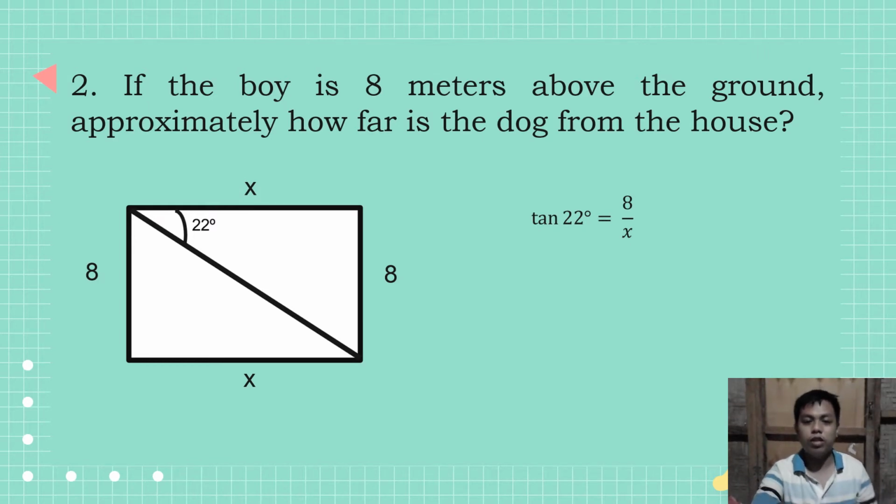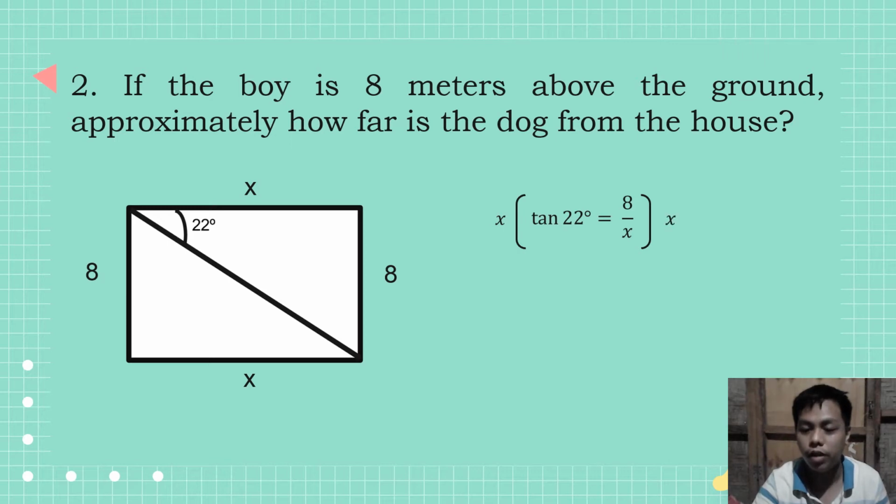We have the equation tan 22 degrees is equal to 8 over x. Then we multiply both sides by x to cancel out x on the right side of the equation. After that, we have x tan 22 degrees equals 8.